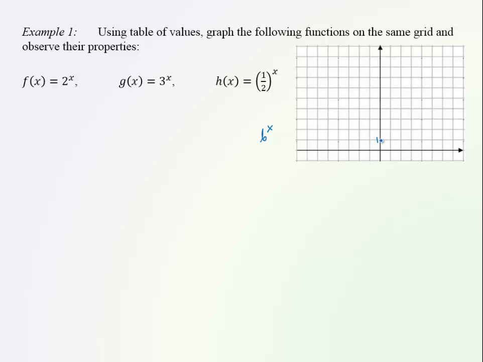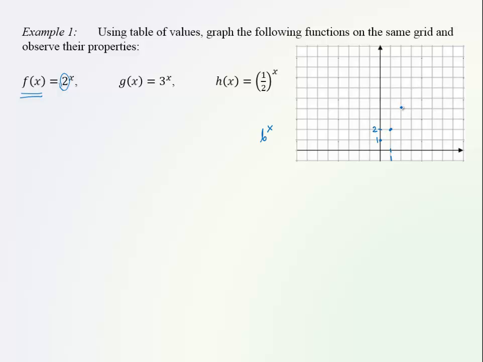Now I'm going to graph the first function f in blue. So if x is 1, the value is 2. It's good to notice that at 1 we have exactly the value of the base, because anything to 1 is the same anything. So that's your 2.